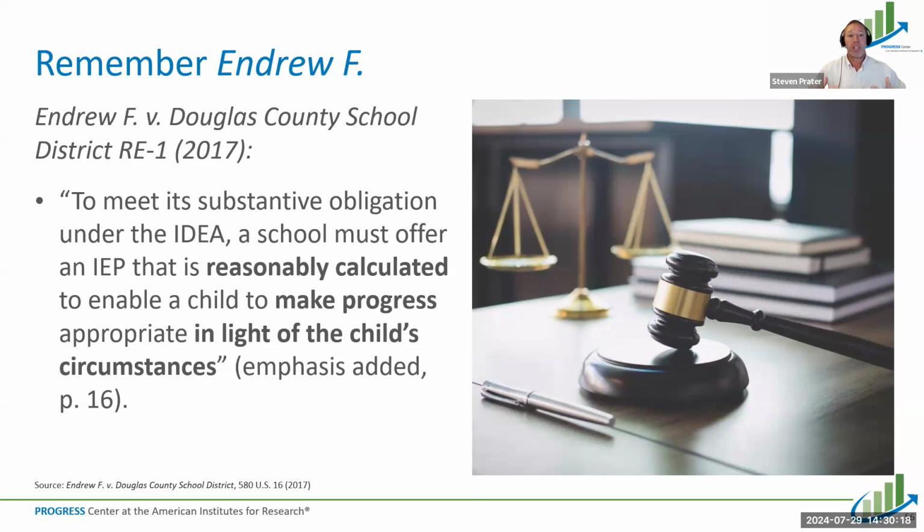The goals are going to show these are the things the student needs to be successful in general education and then after school and that post-school success. So if that student is not making progress in light of their circumstances, we need to figure out why. Like the essential function of the IEP is to make a plan for that student to be successful academically and functionally while they're in school for that post-school success.